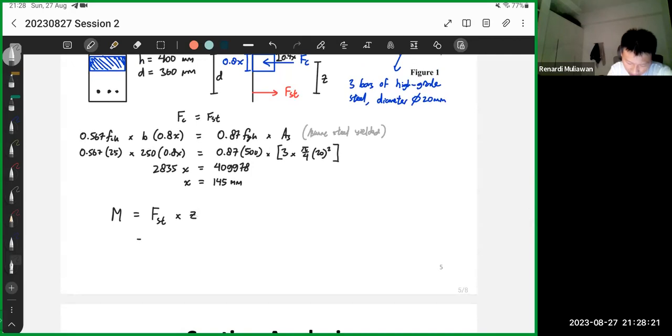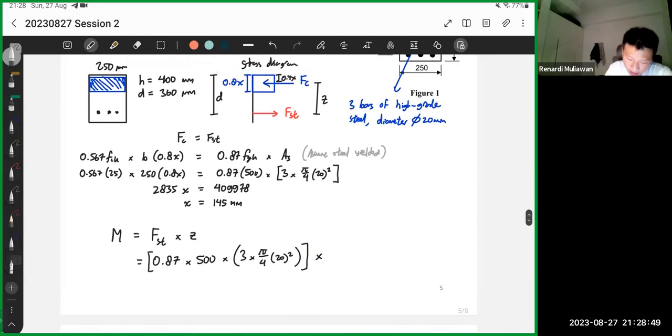In this case, I'll use FST as an example. Which one is easier? FST. So 0.87 multiplied by FYK, in this case 500, multiplied by this area, 3 times pi over 4, 20 squared. So this is FST. Again, it's stress times area, multiplied by the arm length.